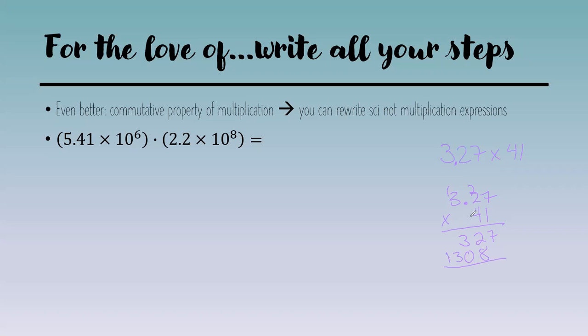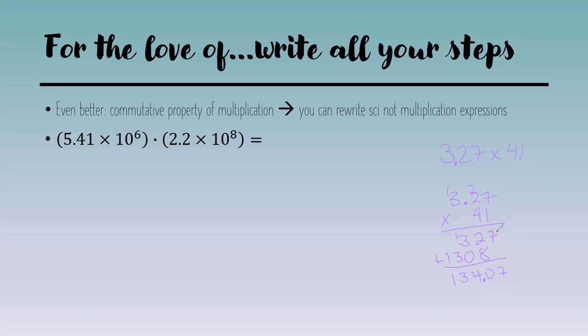So you don't have to line up place value. Can you? Yeah, but you just get a lot of extra place values. So instead, we account for the place value in the answer. And we say, look, this was hundredths, and this didn't have any extra place values. So my answer is going to be hundredths.